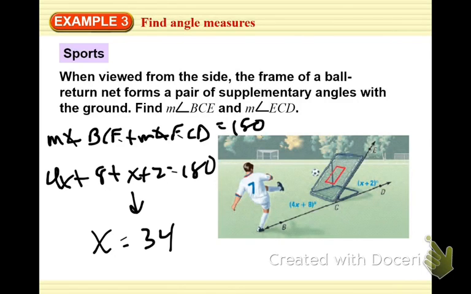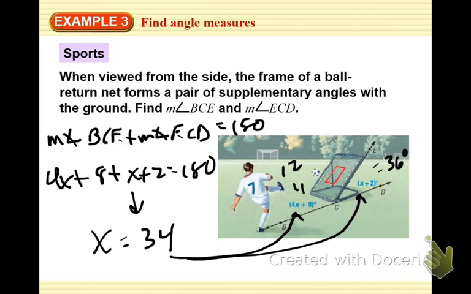It asks you to find the two angle measures. So of course we're not finished yet. You have to come over here and plug 34 into these two guys. Right? You should be able to get to a point where this is 36 degrees. Okay, which means this needs to be 124. Nope.